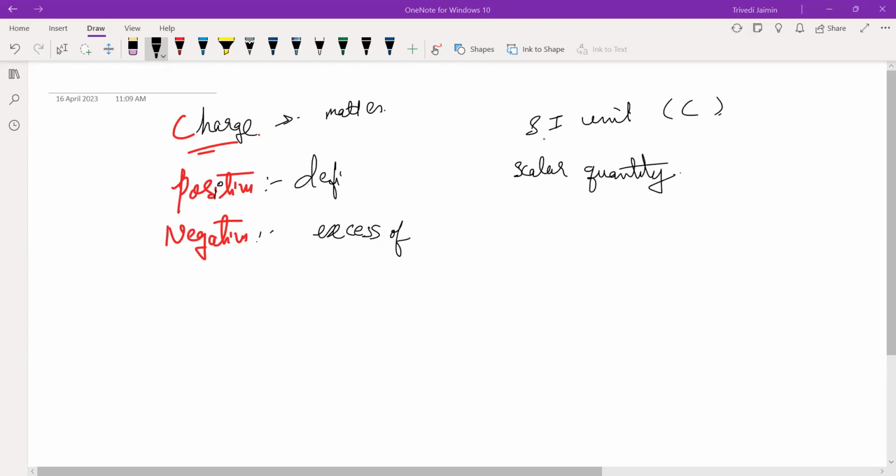Anyone? Chanakya? I'll try. Yeah, sure. It's a property of a material to attract or repulse. Attract or repulse. Okay, nice.